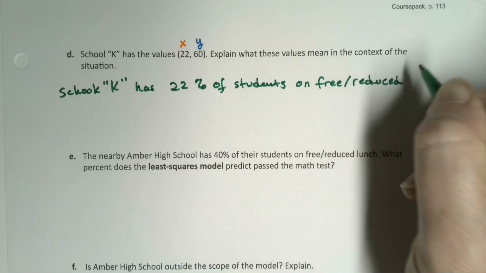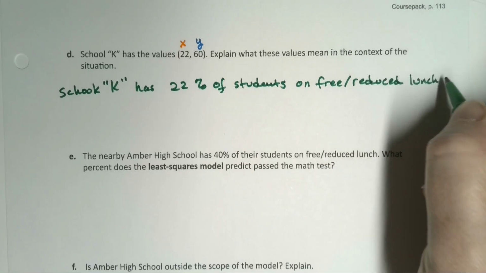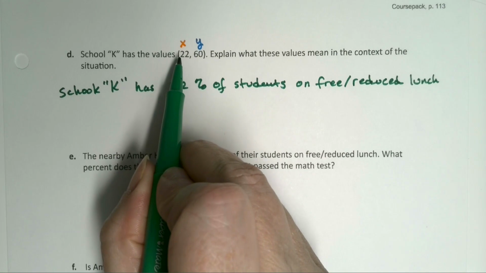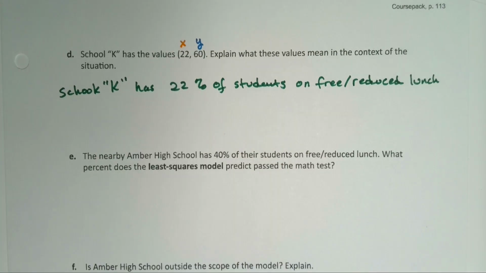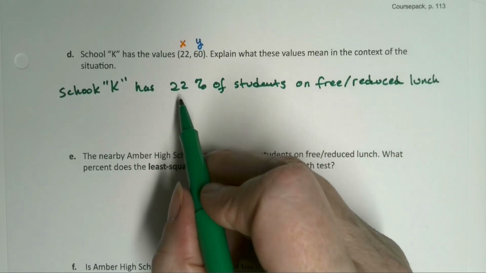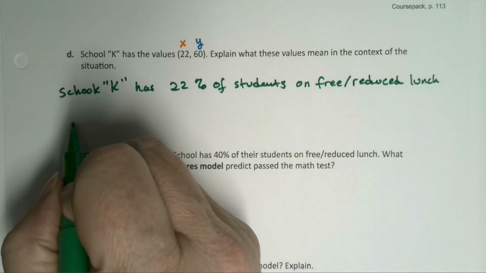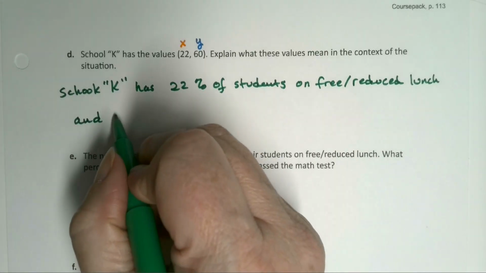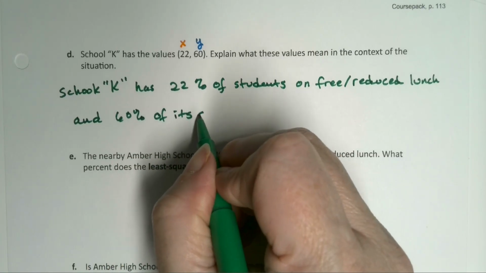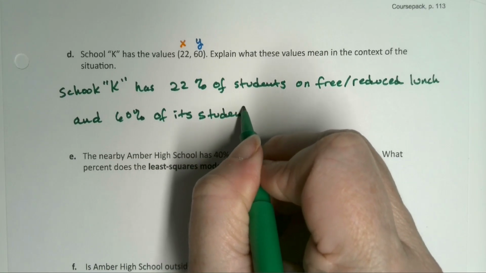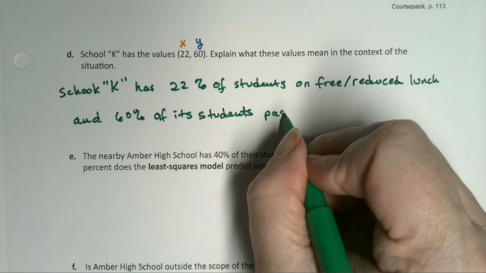You're proving that you understand that when you're given an ordered pair like this, that's X and you know what X was for this problem, and that's Y and you know what Y was for this problem, right? So it has 22% of students on free reduced lunch and 60% of its students for this school passed the state math exam.